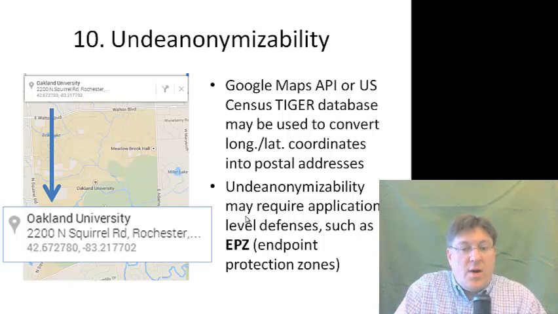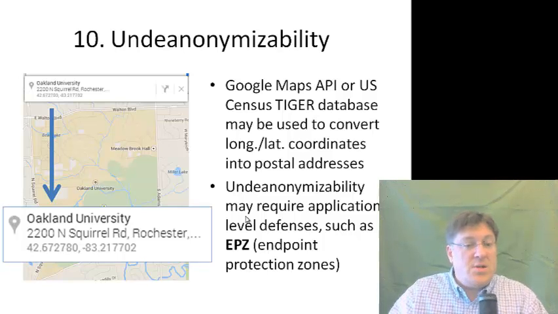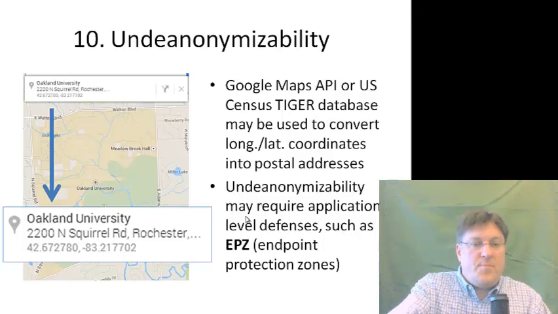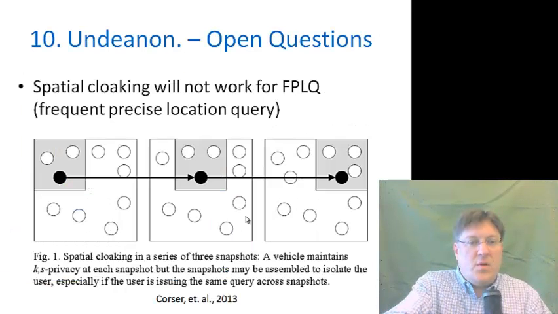It may require application-level defenses. It may require silent periods. There's any number of ways to do this, but all the privacy protections that have been suggested may break down if we don't have some method of protecting against the location data alone, nothing else. That's what undeanonymizability would do.